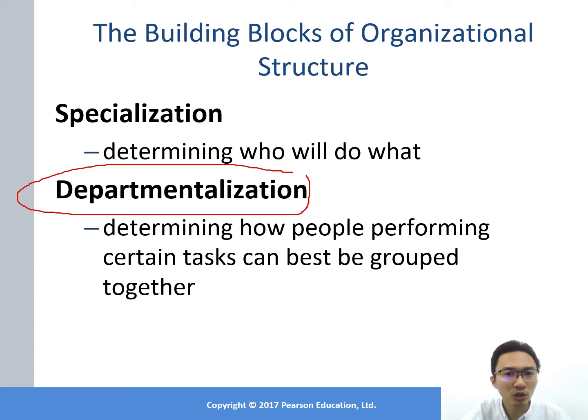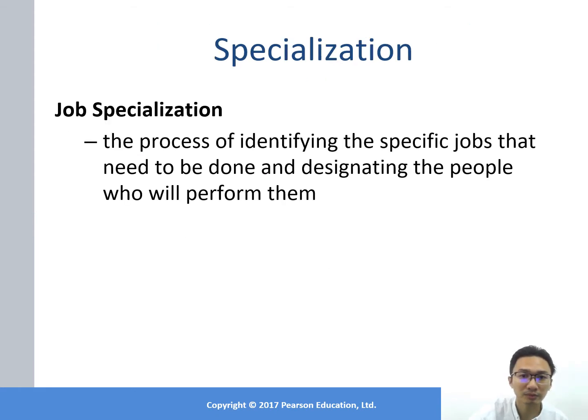So controls and coordinations are made easier if you department them. So instead of everybody doing everywhere, once you put them in specific departments, it's easier for you to control, it's easier for you to coordinate, and top managers or owners itself can easily see how various units or departments are performing. So it's important for you to specialize the job, break it down, and then departmentalize them.